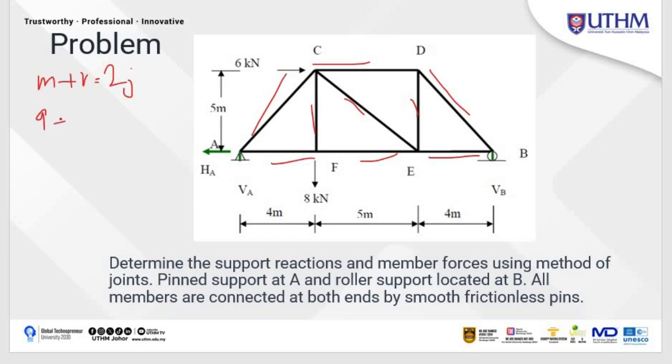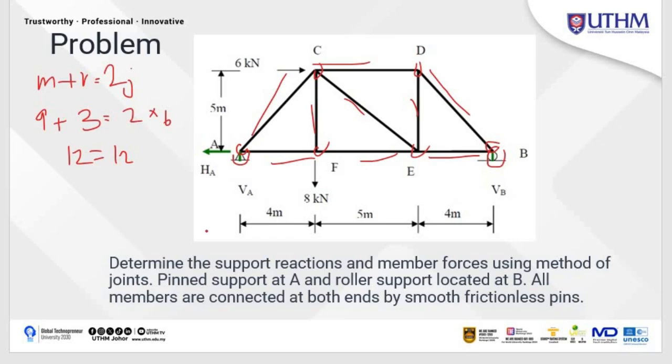For the total reactions, we have a pin support, which is 2 unknowns, and a roller support, which is 1 unknown. The total R is 3, while the joints are 1, 2, 3, 4, 5, 6, so we have 6. So 2 will be multiplied with 6, and we will have the truss as a determinate structure.